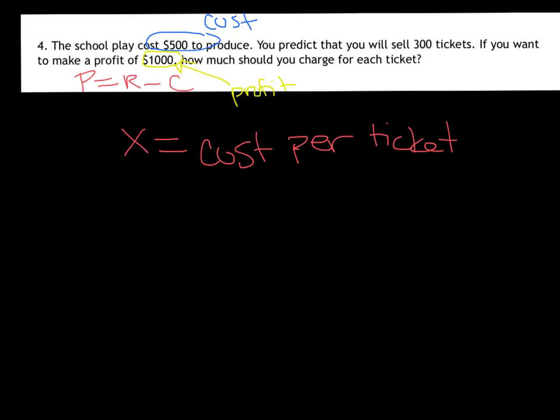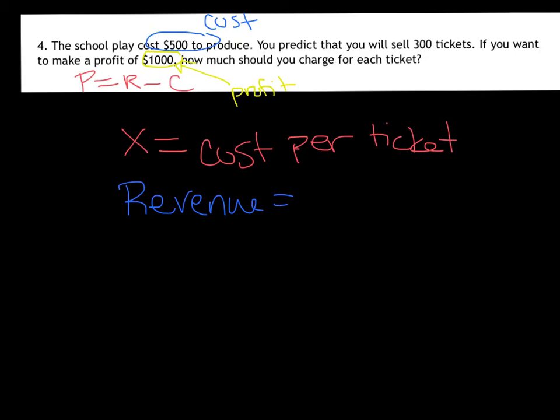So in our equation, you'll notice we have room for profit, we have room for cost. We don't have anything in there that says ticket, but we do have that R for revenue that's not filled in yet. So actually, to find our revenue, the revenue, remember, is the amount of sales that they take in.